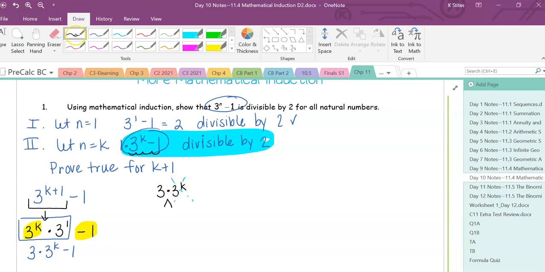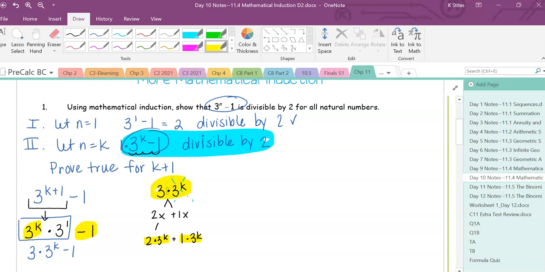This would be the same as a 2x plus a 1x. Yes? 3x would be the same as 2x plus 1x, which means this is a 2 times 3 to the k plus 1 times 3 to the k. And again, you can see if you combine like terms here, 2 times 3 to the k plus 1 times 3 to the k would give you 3 times 3 to the k.